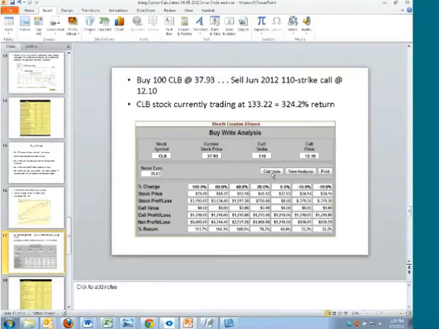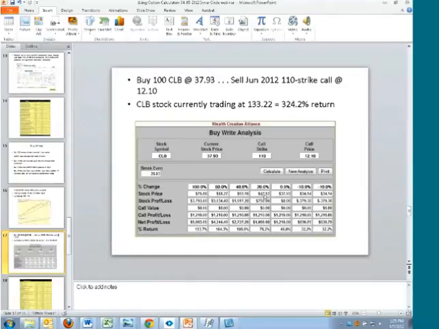And then you click calculate, and the buy right calculator will calculate the potential dollar profit in this row, and then the percent return in the bottom row. And we can see with these inputs, 100% increase in the stock would result in 193% return for the buy right trade.